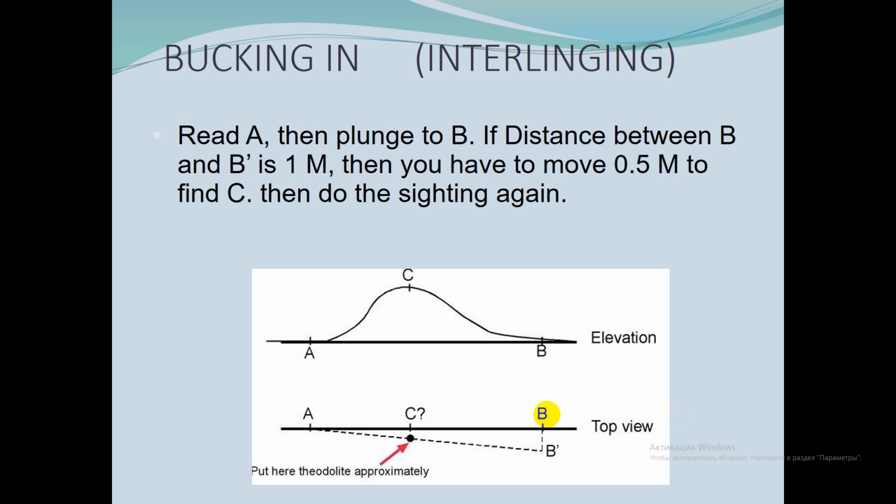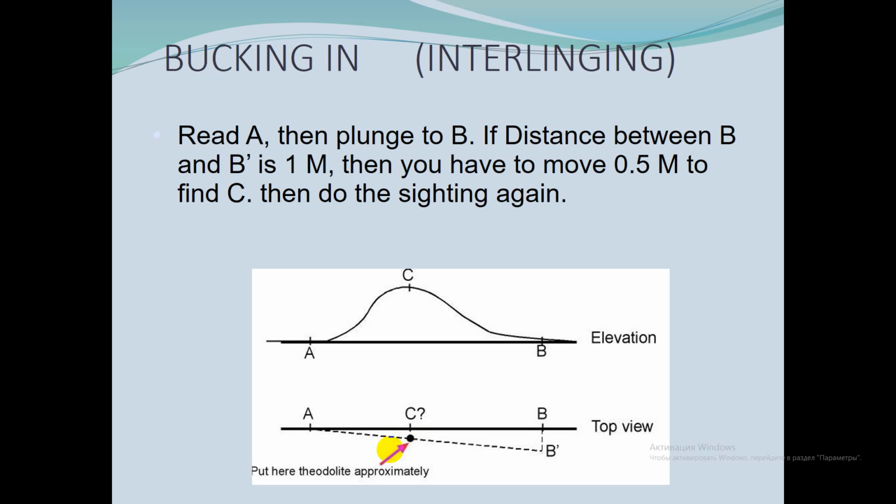So the instrument is once again roughly leveled at position C2, and the sighting procedure is repeated.